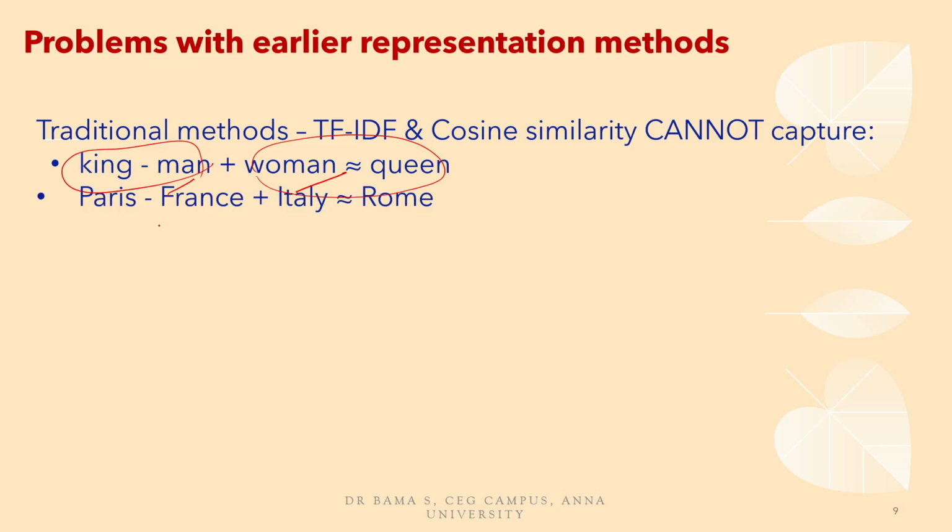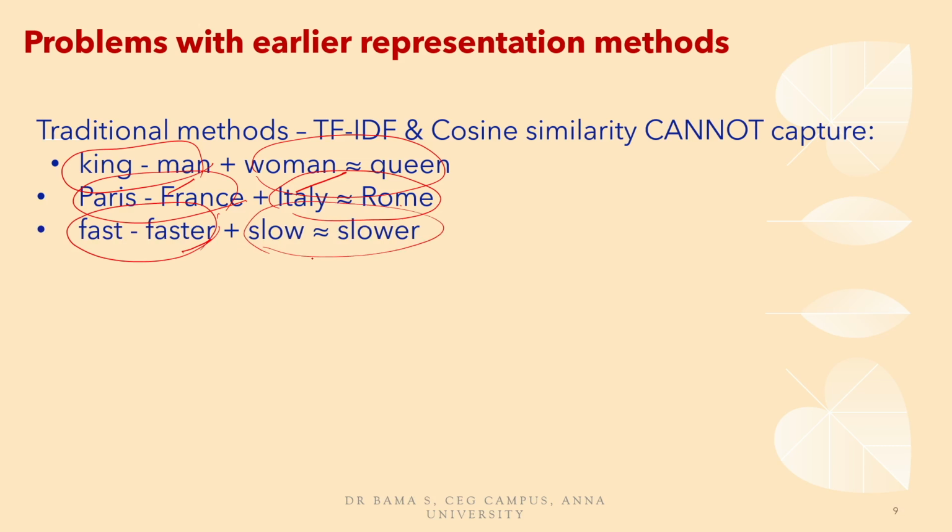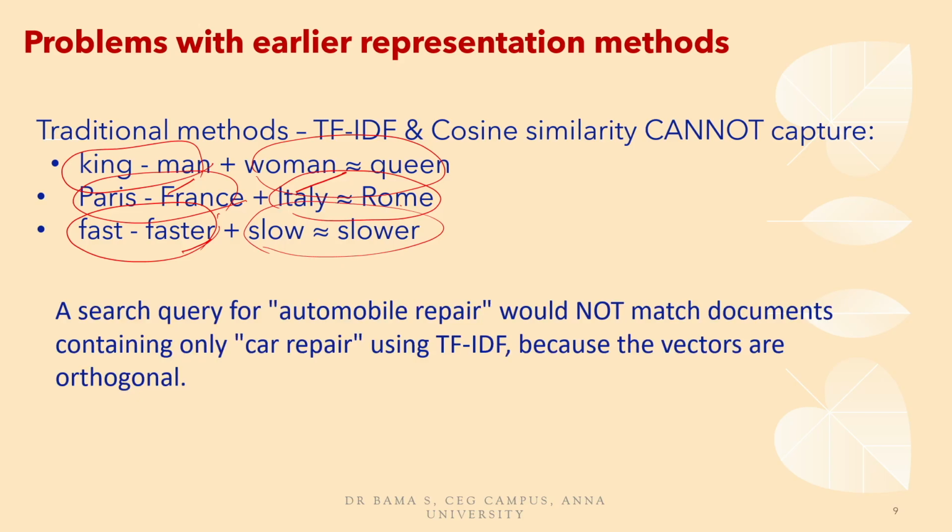Again, as I mentioned, if Paris is to France, can we have Rome to Italy, and cluster these as one type? And fast, faster, and slow, slower: can we have these as one type? Those we cannot do with TF-IDF or cosine similarity.